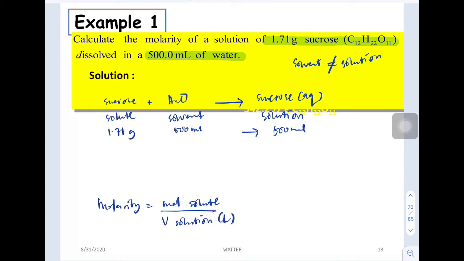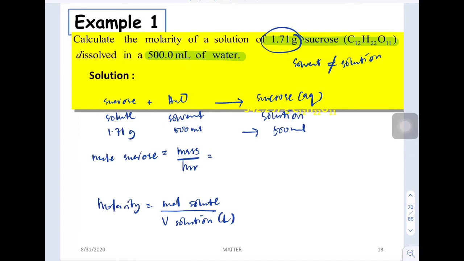There is no information on the mole of the solute, which means that the first step, by using the mass of the solute, is to calculate the number of moles of the solute. So mole of sucrose as the solute is equal to mass over molar mass.